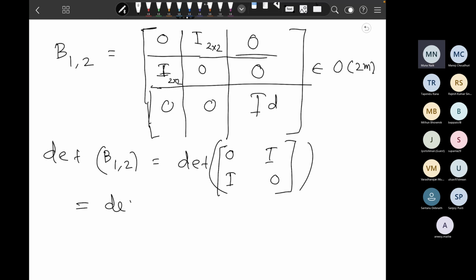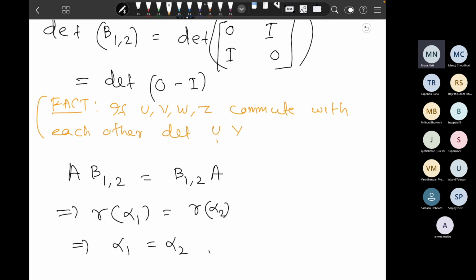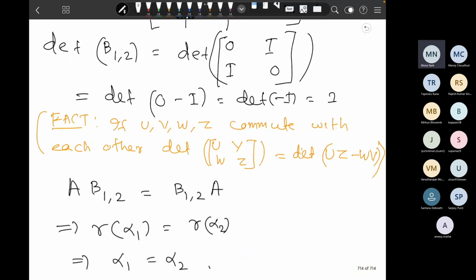I am using the fact that if U, V, W, Z commute with each other, then the determinant of the block matrix U V W Z is the determinant of U Z minus W. So the determinant of minus I, where I is a 2 cross 2 matrix, is really 1. So hence B12 belongs to SO2m.